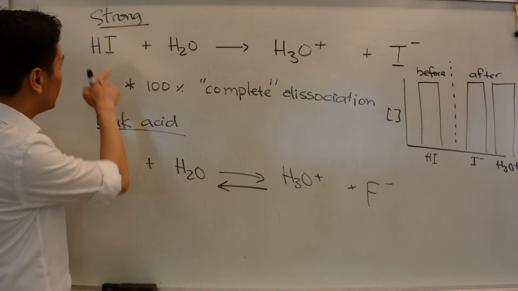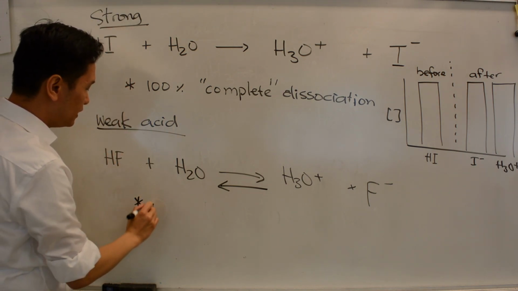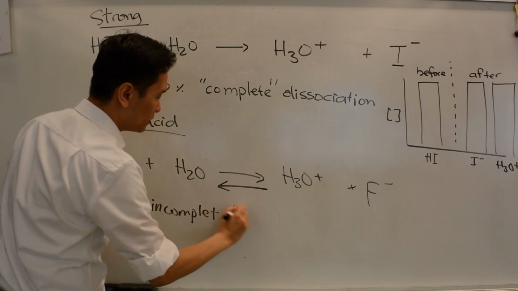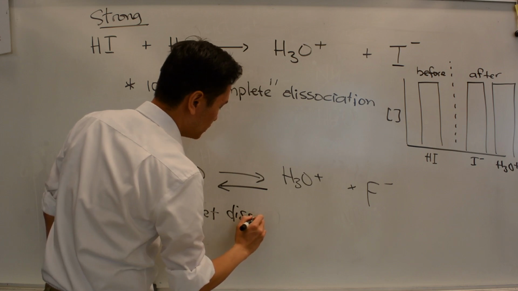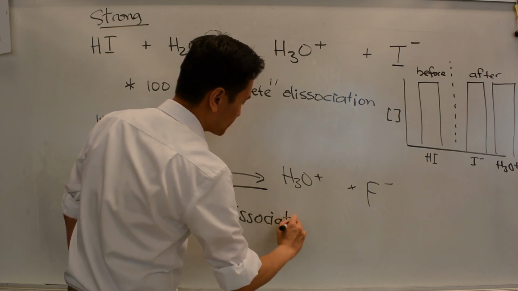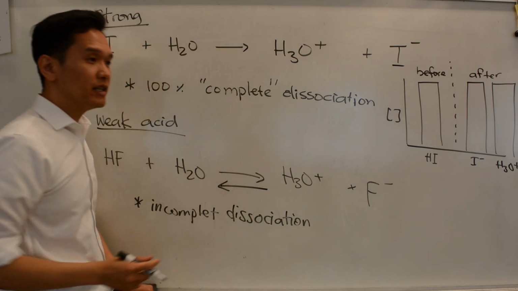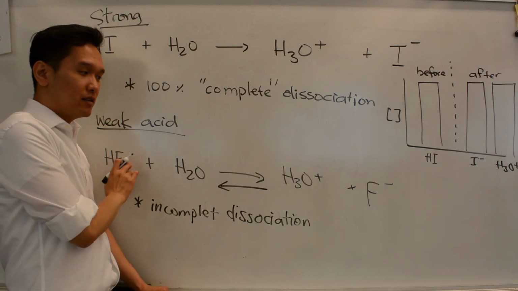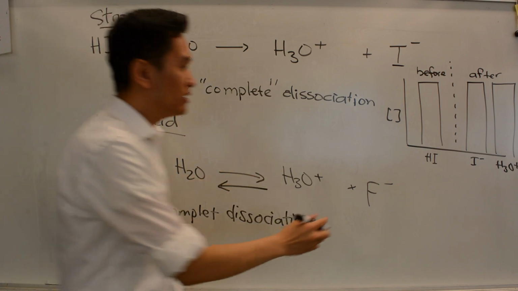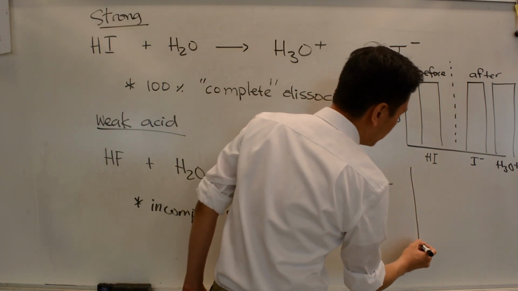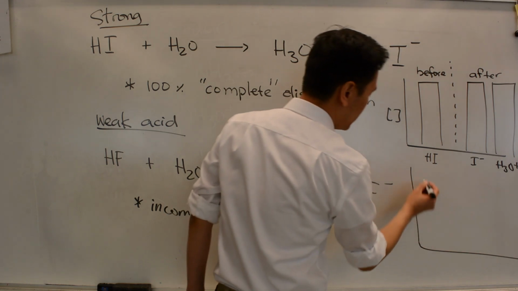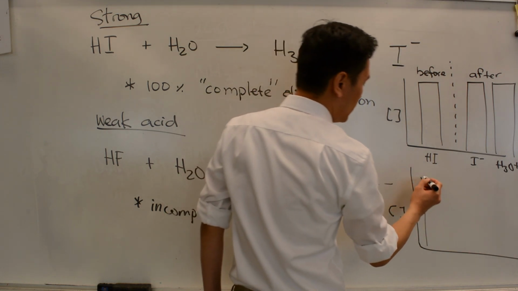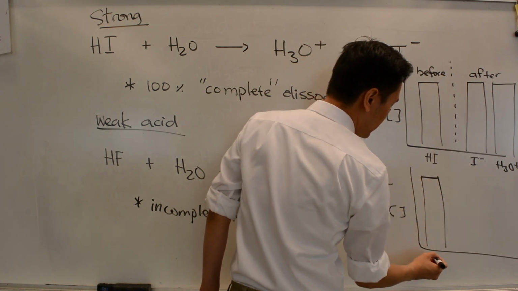So the definition of a weak acid is an incomplete dissociation. That means that in solution, you actually have a lot of HF left and very few ions. So what does this graph look like? If we do the same kind of graph over here, concentration, in the beginning, let's say you have this much of HF.